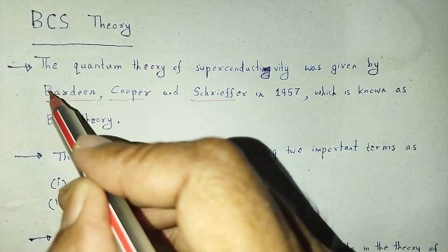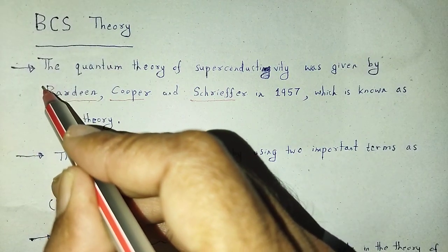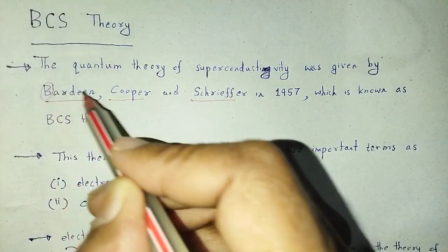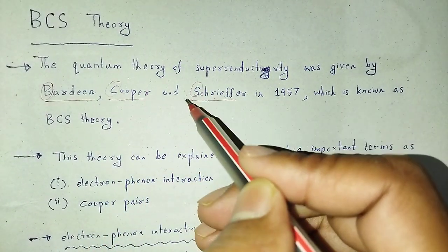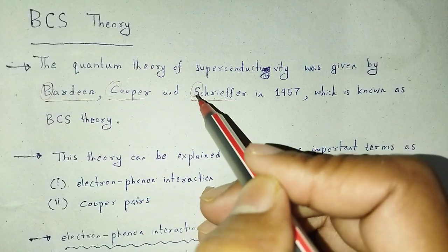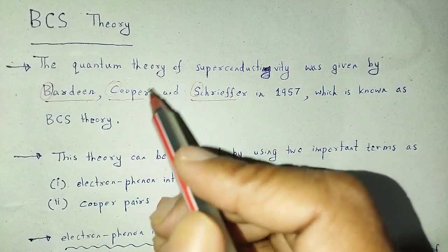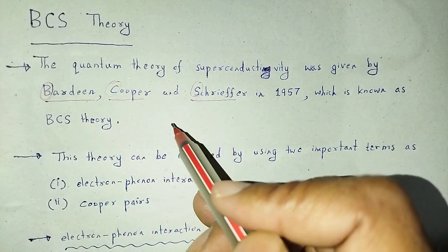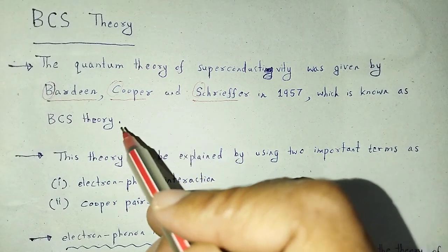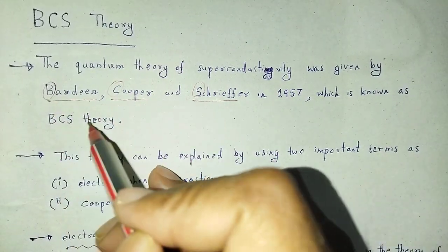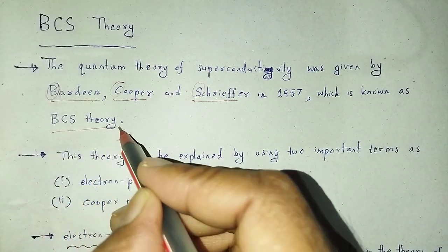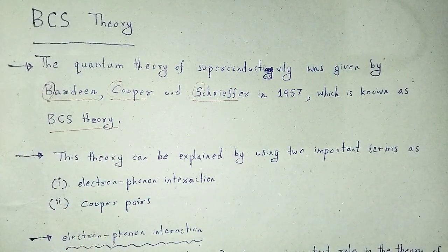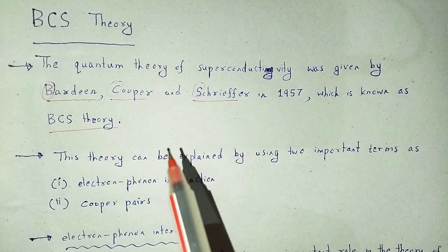The first letters of the scientists' names, Bardeen B, Cooper C and Schrieffer S, were combined, and their proposed theory was named BCS theory.